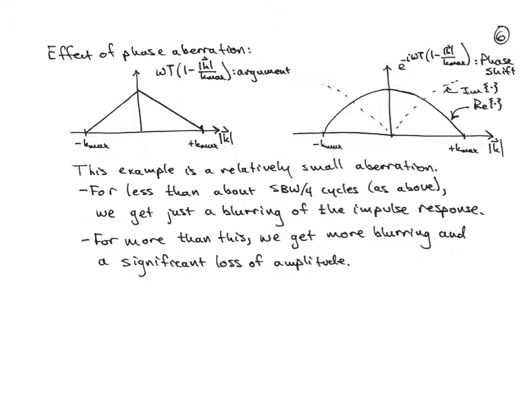So this example is a relatively small aberration. For less than about space bandwidth over 4 cycles, we get just a blurring of the impulse response. For more than this, we start to get more blurring and also a significant loss of amplitude because you start having different parts of the k-space weighting cancel out with each other.